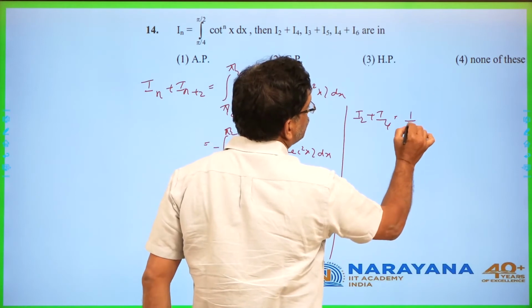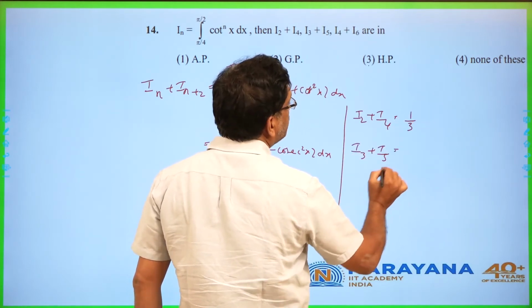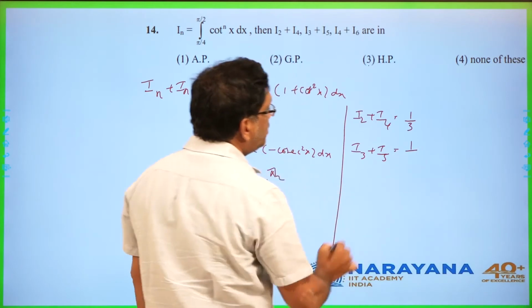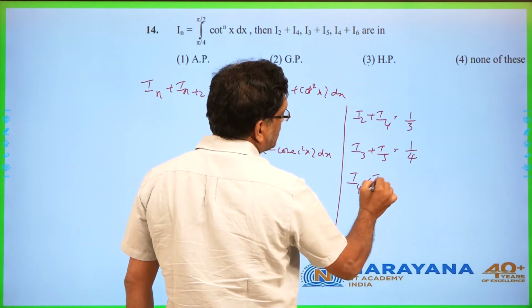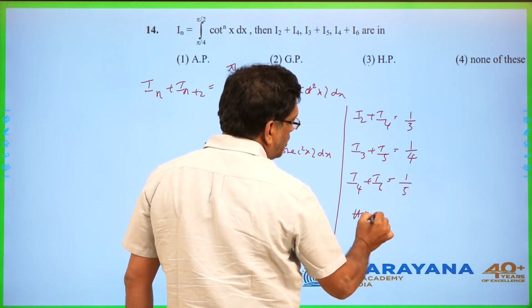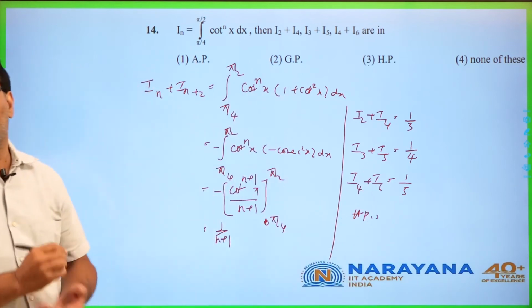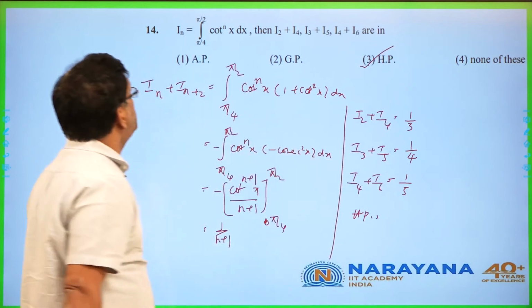Next, I3 plus I5, put n equals 3, that is 1 by 4. Next, I4 plus I6, put n equals 4. Clearly, you can say all these are in harmonic progression, so they are in HP, right?